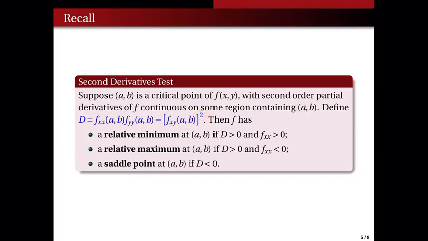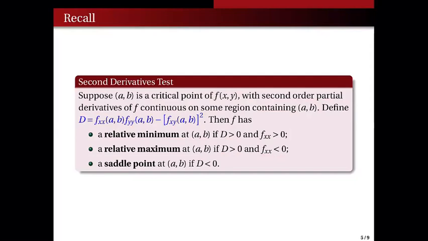Okay? Then, f has a relative minimum at (a, b) if your capital D is greater than 0 and your f sub xx is also positive. f has a relative maximum at (a, b) if capital D is positive and f sub xx is negative.